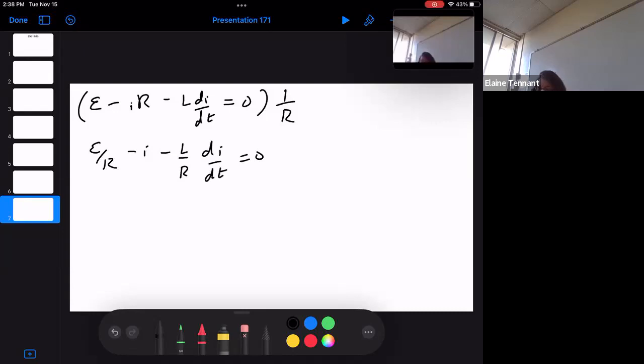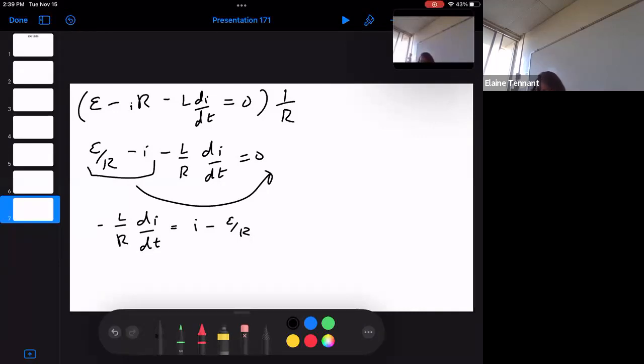E over R minus I minus L over R di/dt equals 0. I'm going to move this to the other side, so I have negative L over R di/dt equals I minus battery divided by resistance.